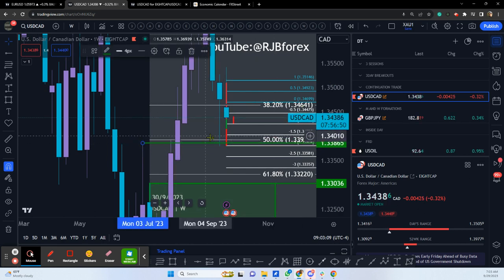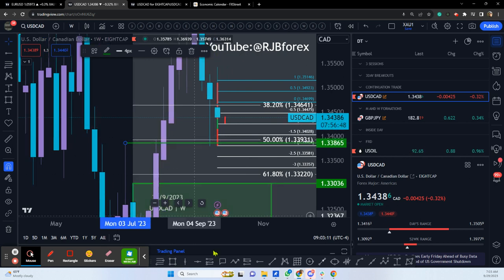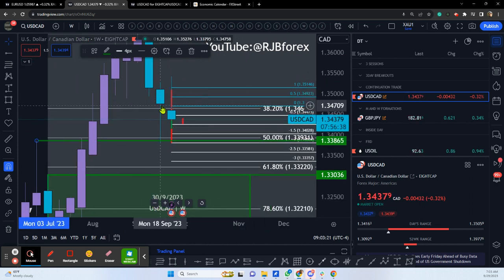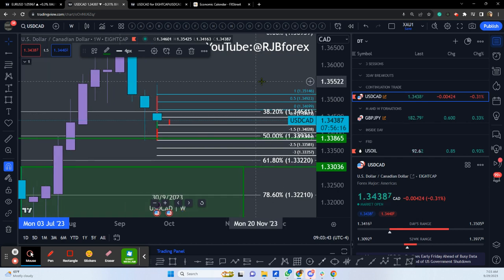So that could act as support and it could be a target area for us. Now we've already come into there, but this wick represents a pullback which we're trying to sell back into. I don't know if that makes sense. So the wick on a lower time frame is the market coming back up. So it's come down, it's come back up, and now we're looking to short back into that wick's high over there, and that wick's low over here. I don't know if you can see that on the charts.